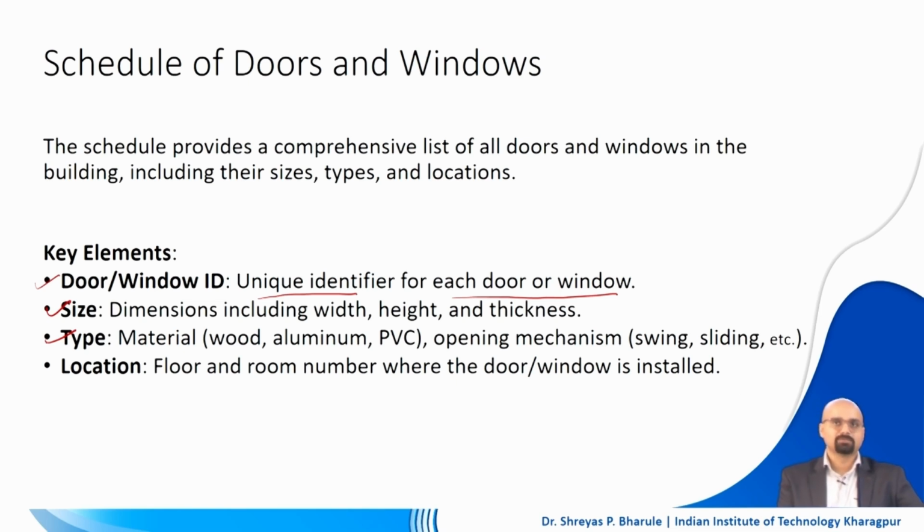Next is the location. Wherever you are creating these unique IDs, they are to be placed in the drawing and explained in the schedule. So, the floor number, the room number and where the door or window is installed is to be mentioned in the drawing.